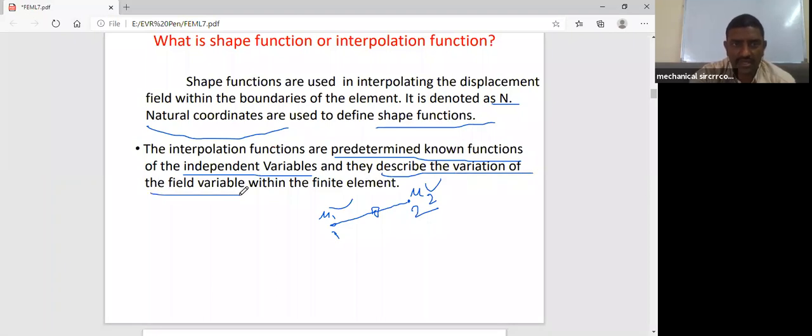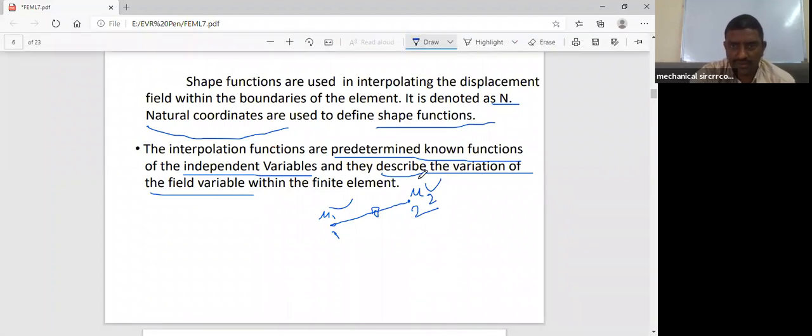In solid mechanics problems, the field variable is displacement. So using these shape functions, you can find the variation of the field variable within the finite element.